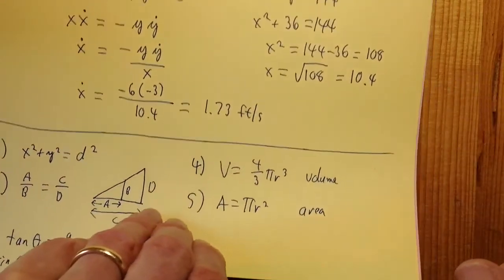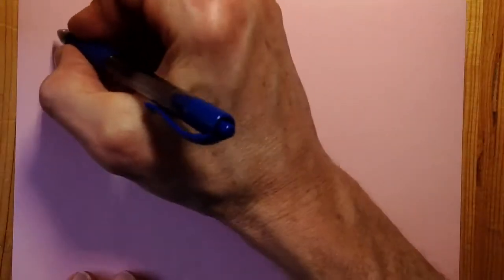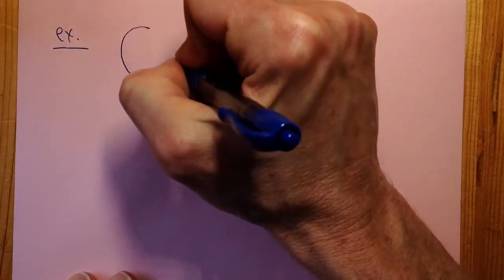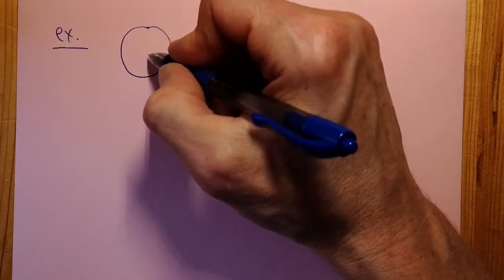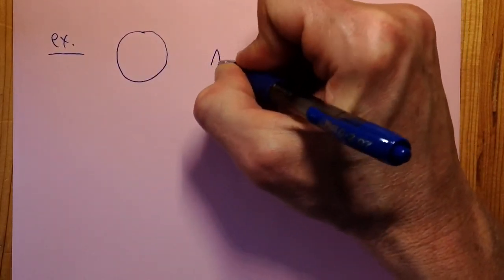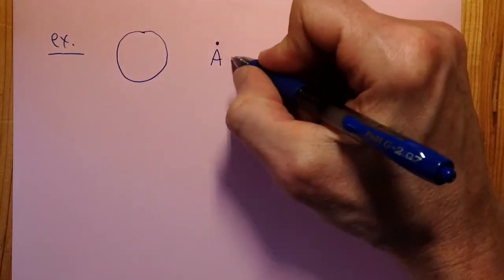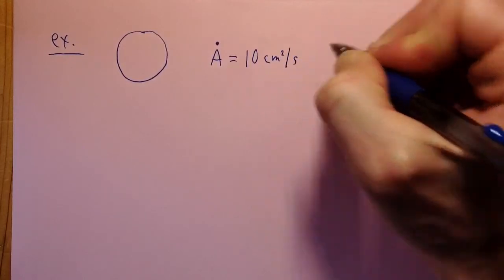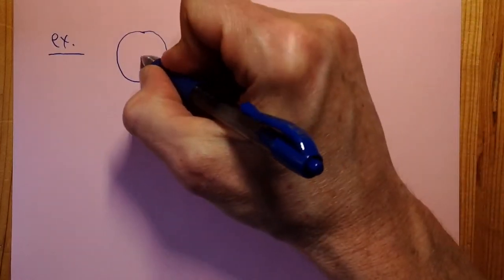Let's say that we have a circle. Okay, so here's another example. Let's say we have a circle and it's expanding. It's getting bigger, like it's a puddle of water that's getting bigger, water's leaking into it. Let's say it's getting bigger by A dot. The area of the circle is increasing by, let's say, 10 centimeters squared per second. Always increasing by that.